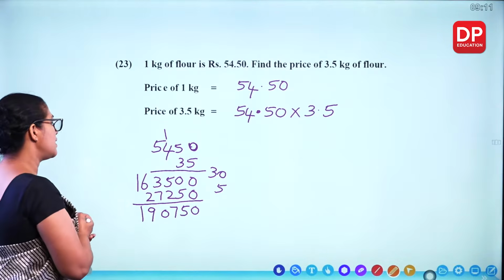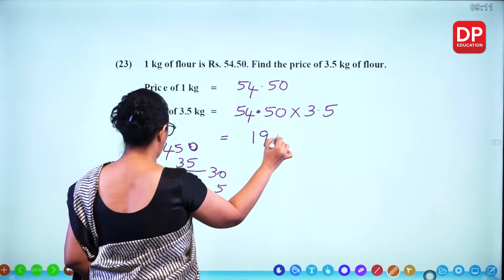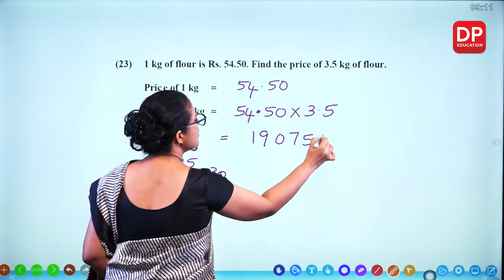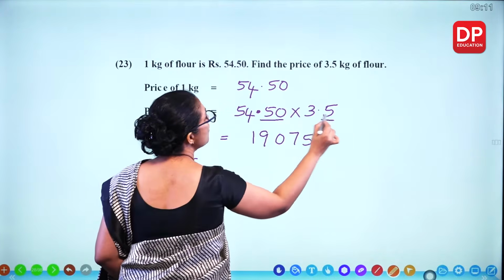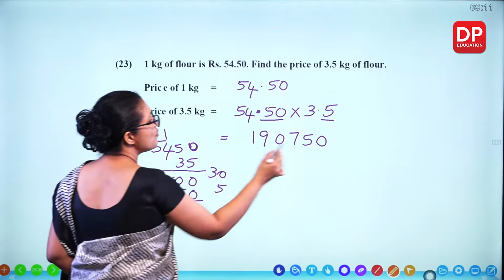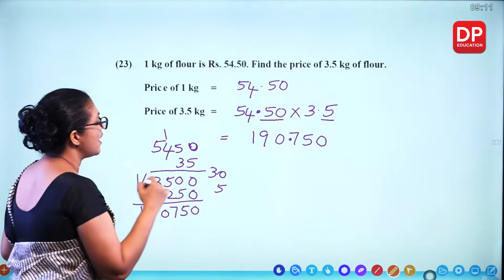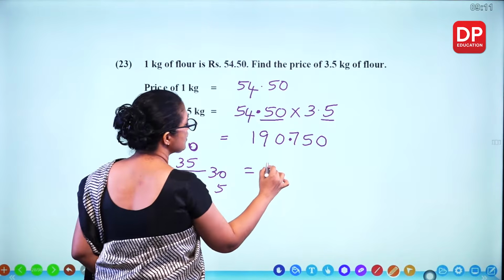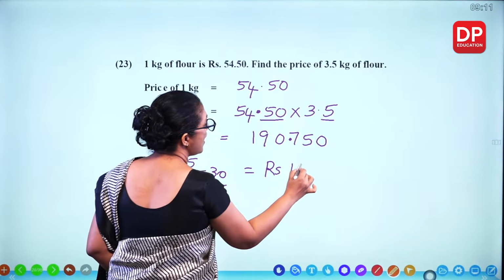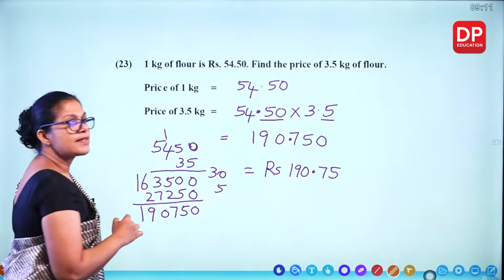So you get this value. Now, after you multiply without any decimals, you have to keep 2 here and 1 here. Altogether 3 places here. So what's the final answer? What's the price of 3.5 kilos? 190 rupees and 75 cents.